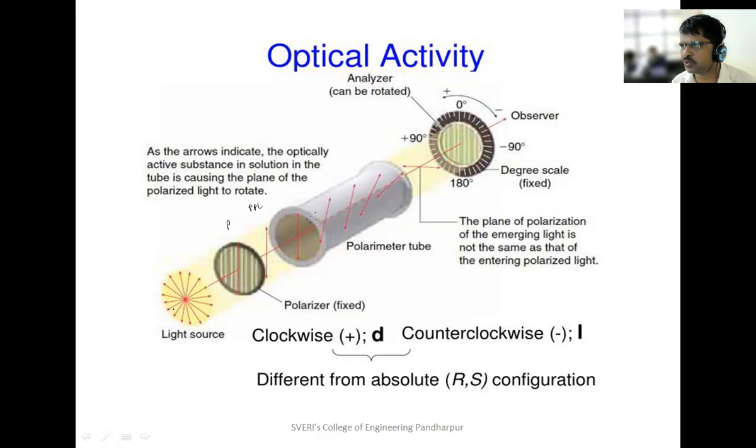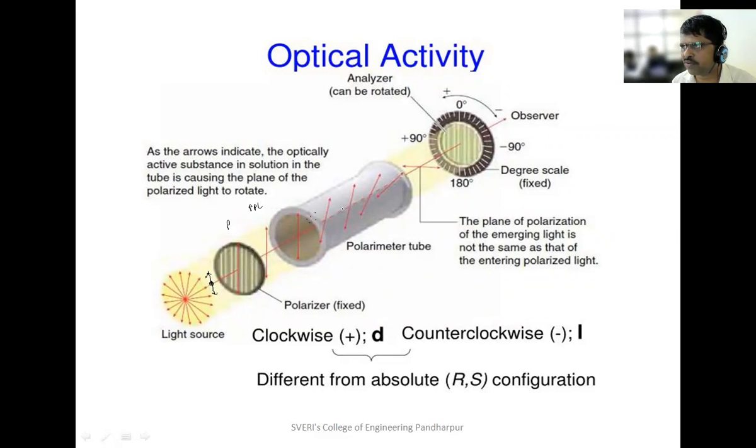Once again, this is the source of light, unpolarized light. It passes through this polarizer and we get plane polarized light. This plane polarized light passes through this tube filled with sugar solution. Sugar is the optical active substance. The plane of vibration is rotated inside the sugar solution.